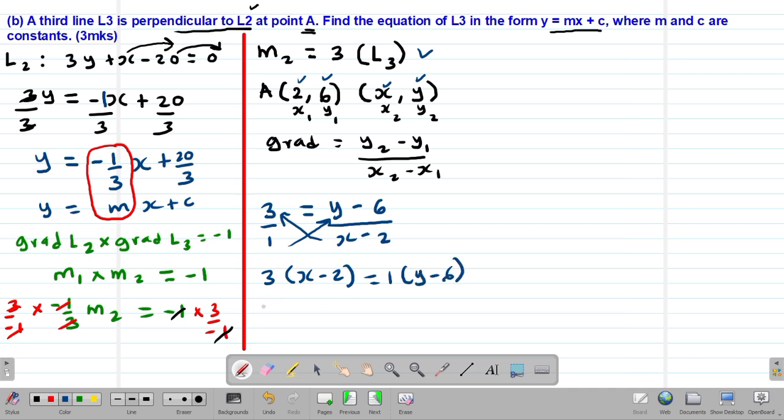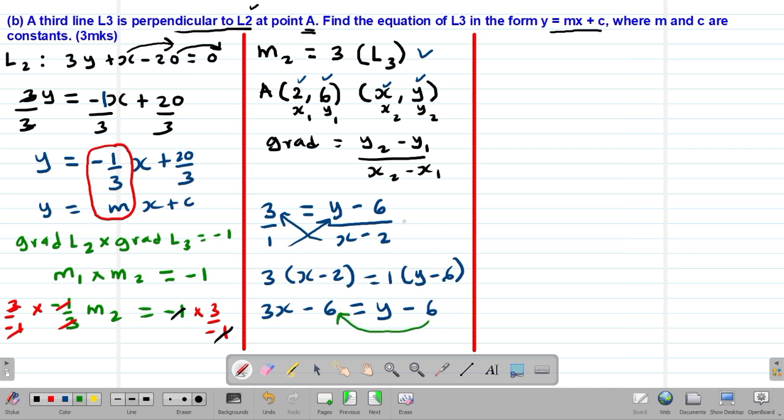If I open brackets, I'll get 3x, then of course minus 3 by 2, I'll get positive 6 being equal to 1 times y, I'll get y, then of course minus 1 times negative 6, I'll get negative 6. Then on grouping the like terms together, I want to take negative 6 towards the left hand side.